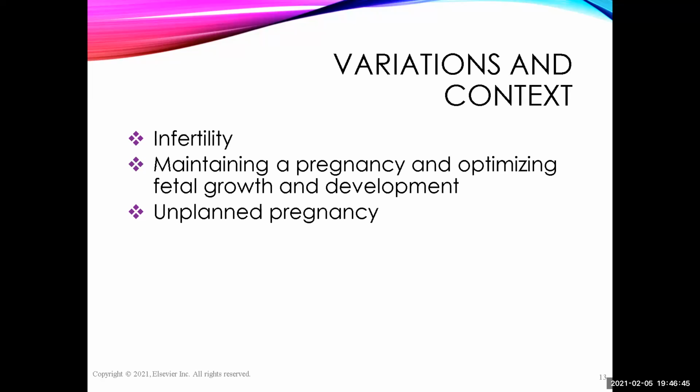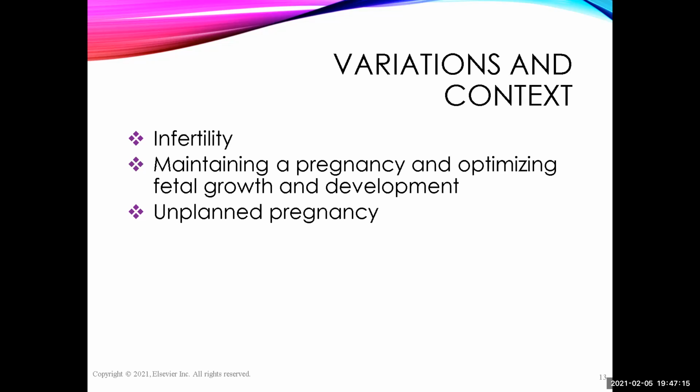The other part is maintaining a pregnancy and optimizing fetal growth and development. About 15% of clinically recognized pregnancies end in spontaneous losses or miscarriages, and the majority of these losses occur before 12 weeks. Those problems can also be multiples, twins, triplets.